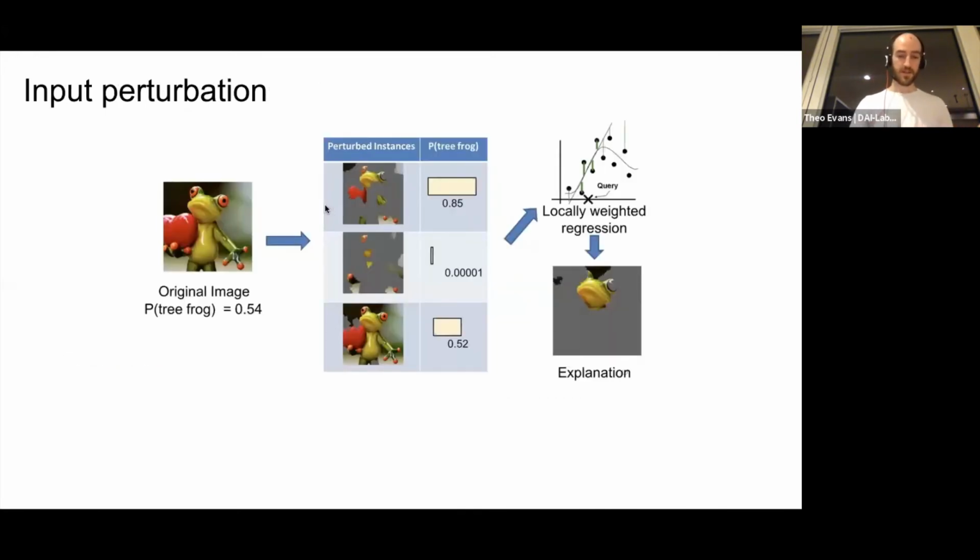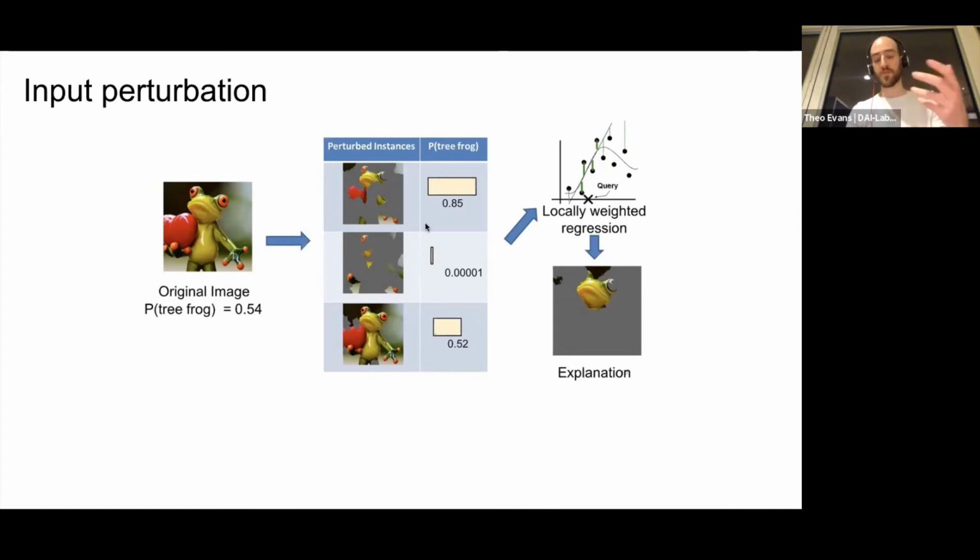A third approach, and the approach that we looked at in the first slide of this presentation, is in terms of input perturbation, where we have some input image with a classification and a confidence in that classification, and we programmatically remove parts of this image and see how the confidence of our model reacts.